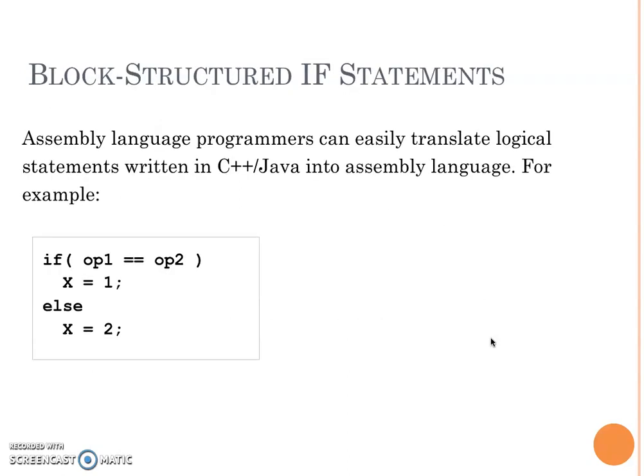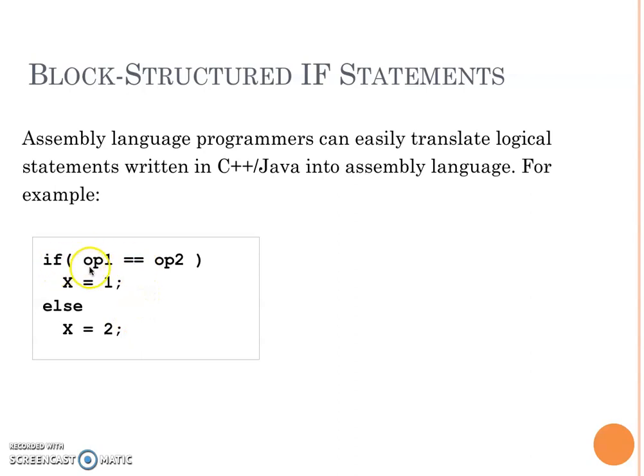So the first thing, let's see, we all know this one, right? In our high-level language, we have one condition. If this condition is true, we will do something. Otherwise, we do something else. So how can we use assembly language to do that?